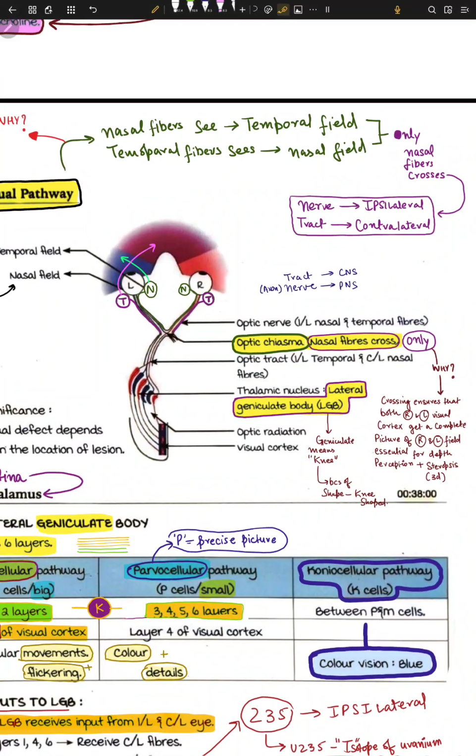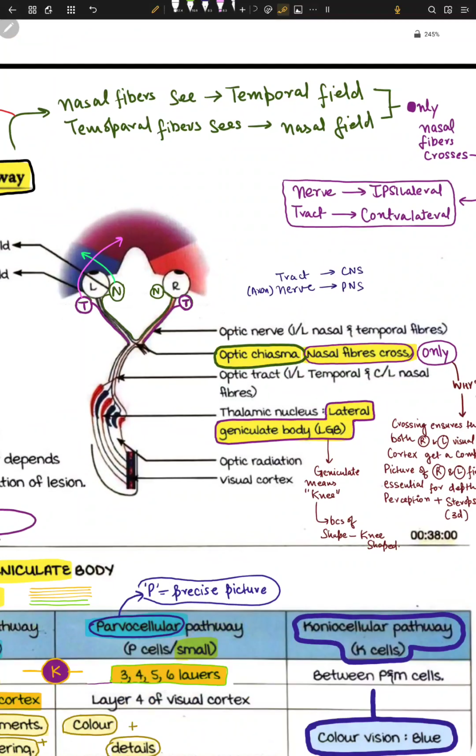Cool. What else is that these nasal fibers, upon coming here, this point is called optic chiasma, whatever you like to call. This is the point where your nasal fibers cross, right? And only remember, nasal fibers are crossing, okay? Your temporal fibers don't cross. They go ipsilaterally, like this. But your nasal fibers go like this.